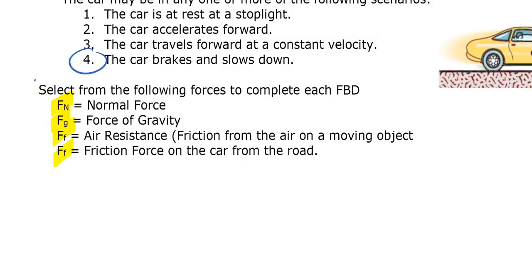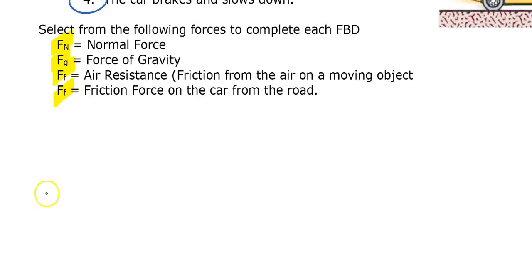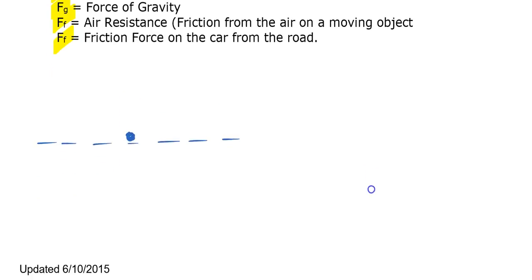Okay, the car brakes and slows down. Okay, first I'll do this on a flat surface. So that's my car. I don't want to be fancy. It's test time. I just want to be efficient. Okay, so number 4 says the car brakes and slows down. Let's say my car is moving to the right.